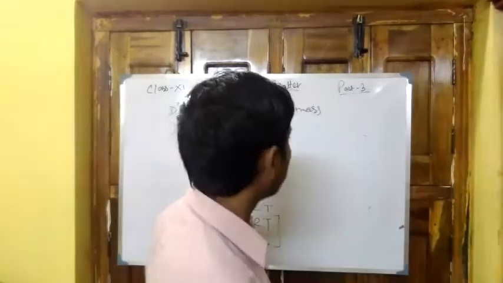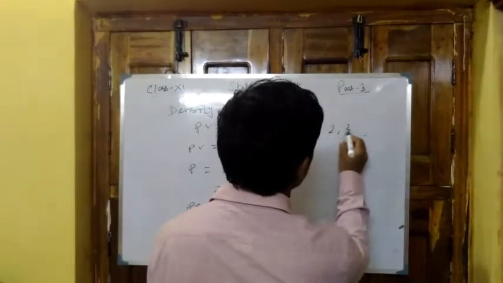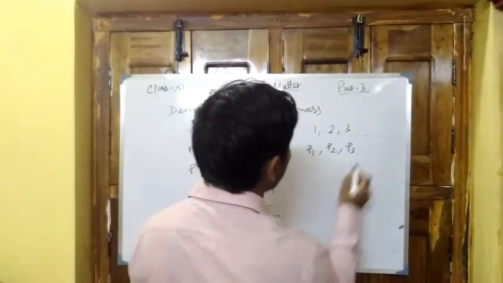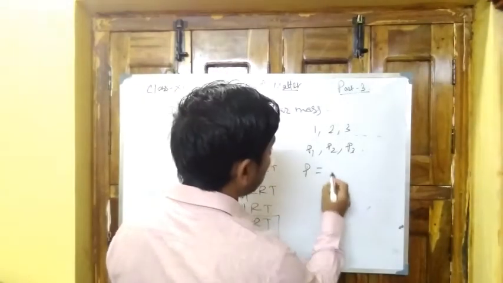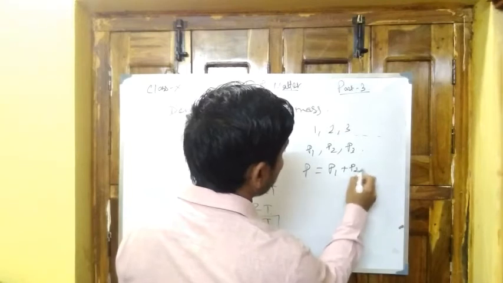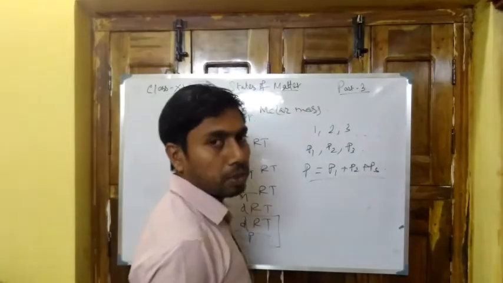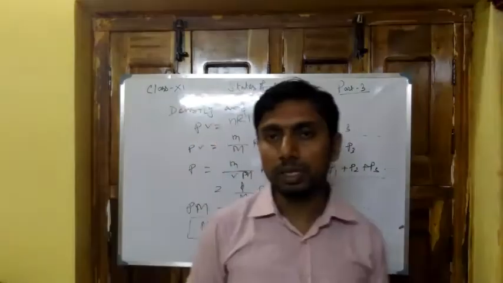That is, if the mixture has three gases, 1, 2 and 3, and the pressures are P1, P2 and P3, then according to Dalton's law of partial pressure, P equals P1 plus P2 plus P3.